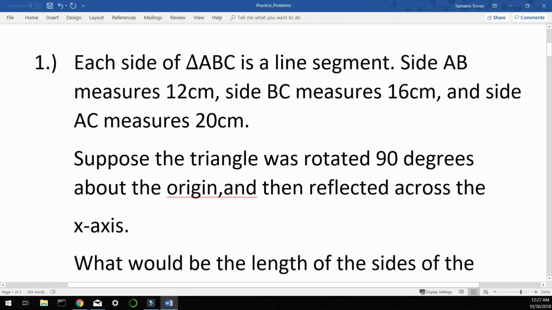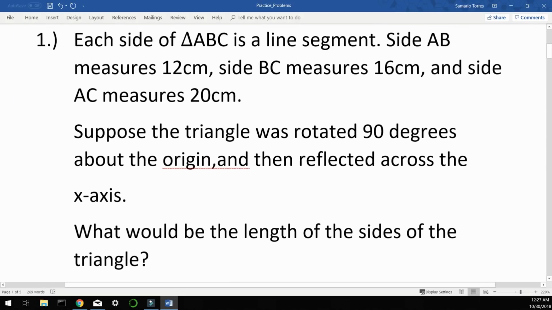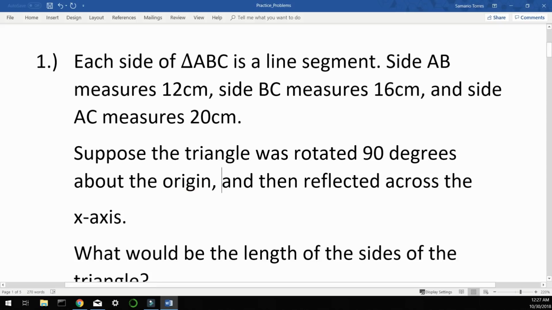This problem says each side of triangle ABC, this is how you denote a triangle, is a line segment. Side AB, the side that connects the points A and B of the triangle, measures 12 centimeters.